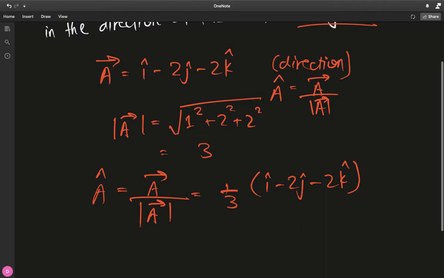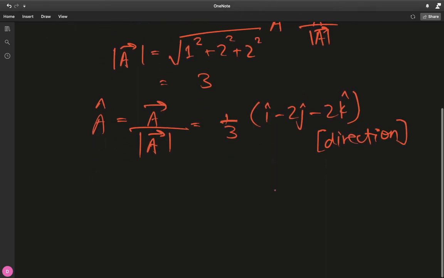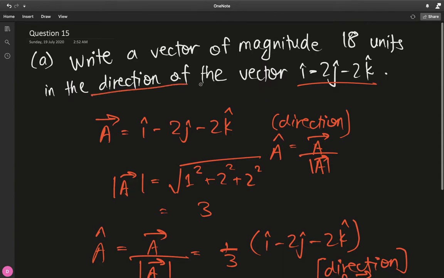But this is just the direction, because this is a unit vector. Normalization means having a magnitude of 1 for the resultant vector. So this only tells us about the direction of A vector. We found the direction, and we need a magnitude of 18.